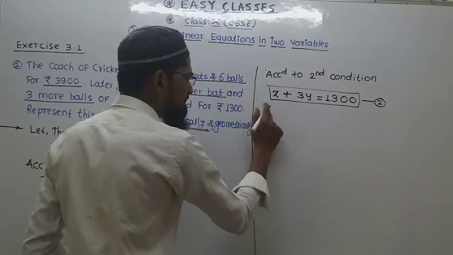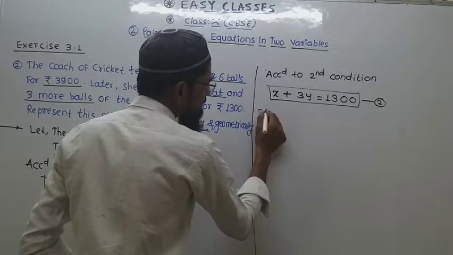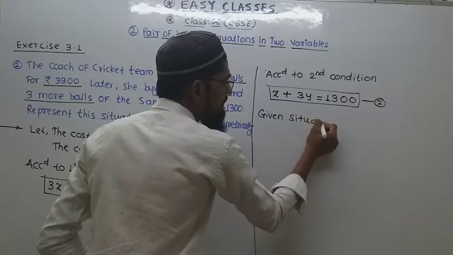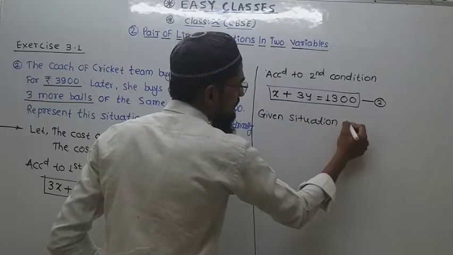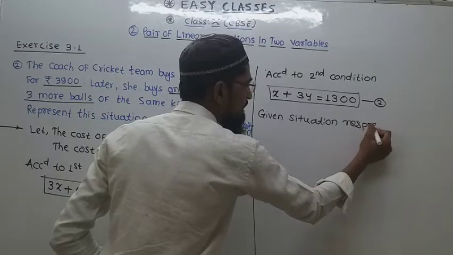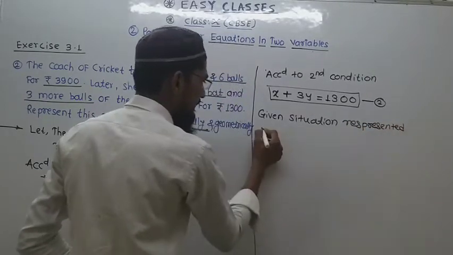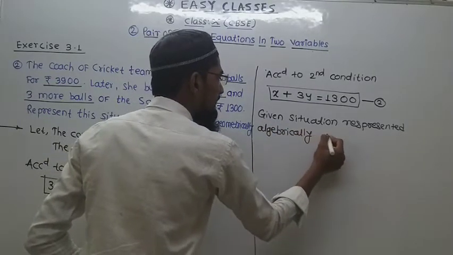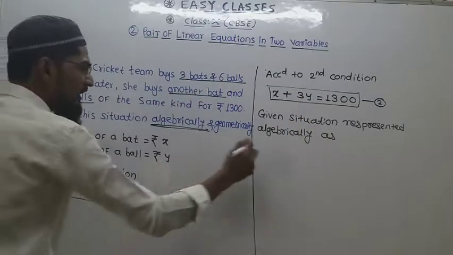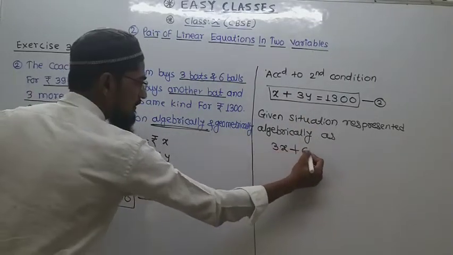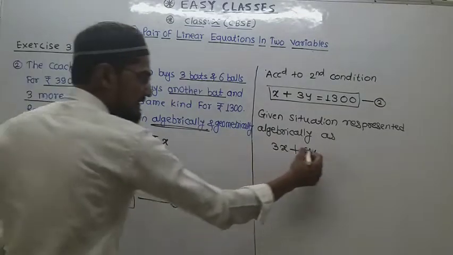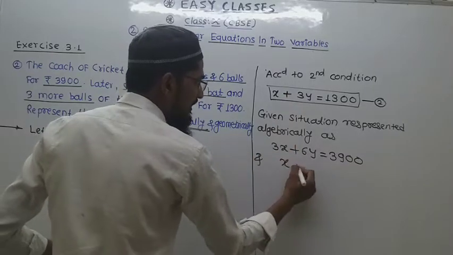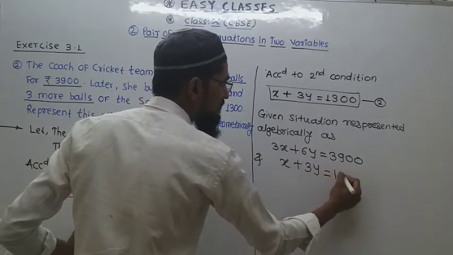So here we can write the given situation represented algebraically as: only you have to write two equations. 3x plus 6y is equal to 3900, and the second one, x plus 3y is equal to 1300.